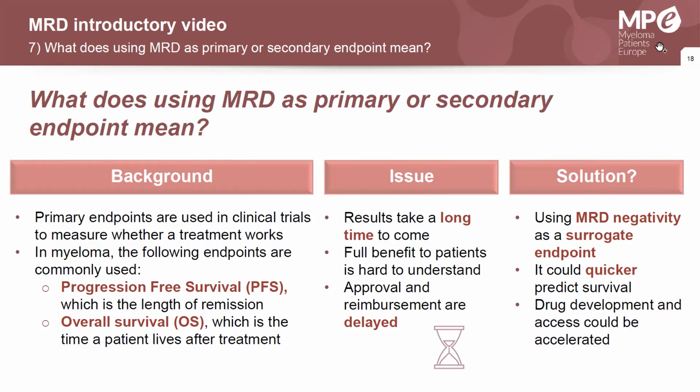If MRD negativity is agreed as a surrogate endpoint, it could mean regulators and reimbursement bodies make access decisions more quickly. Whilst there are important opportunities, there are still unanswered questions before MRD is accepted as a surrogate endpoint.